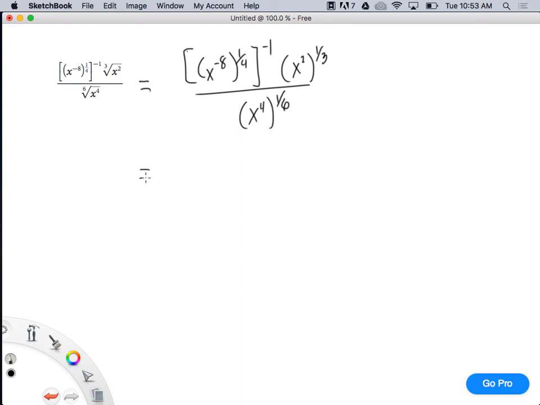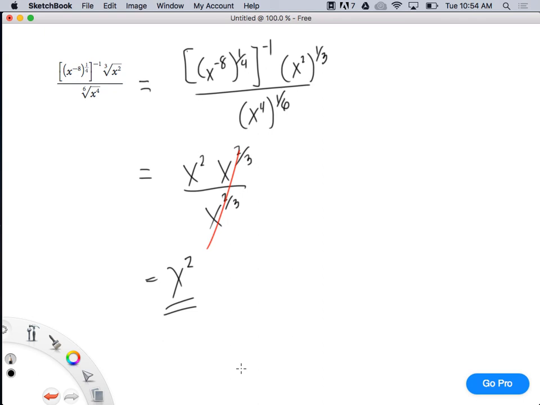These are all just exponents raised to exponents, so I could just multiply all of them. Negative 1 times negative 8 is 8. 8 over 4 is 2. So this is just x squared. Multiply these two, it's x to the 2/3. Multiply these two, x to the 4/6 or x to the 2/3. Those just cancel out. This whole thing is just x squared. That's it. See?